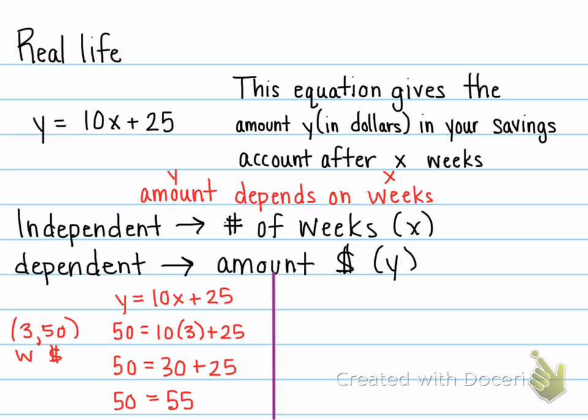Now, you will have $50 then. You have 55. If the question says, will you have exactly $50? The answer is no. If the question says, will you have at least $50? The answer is yes. Because we know that after 3 weeks, it's actually going to be $55.